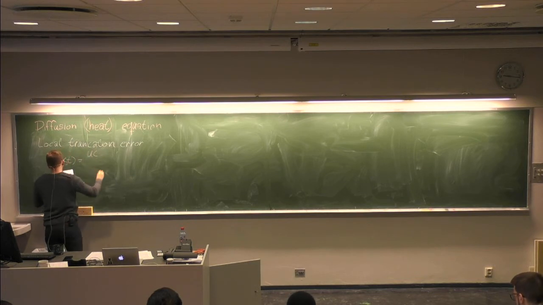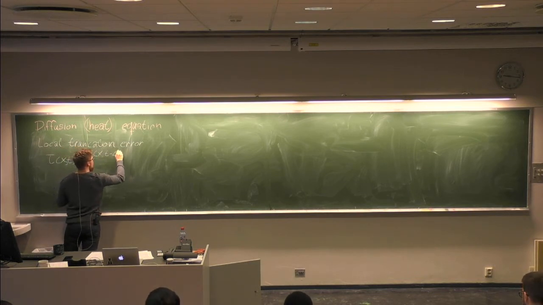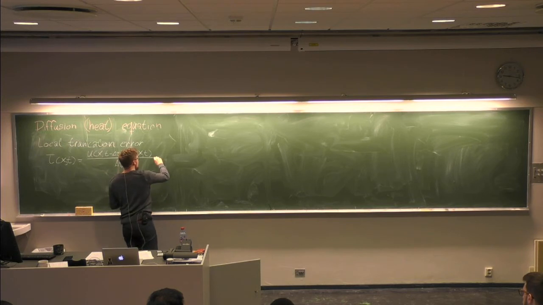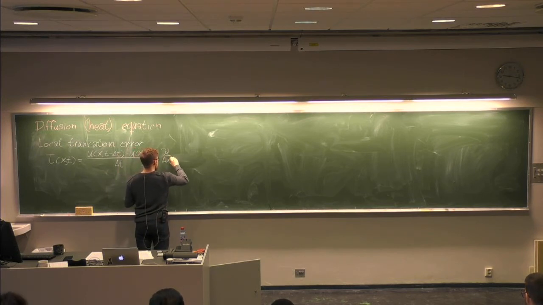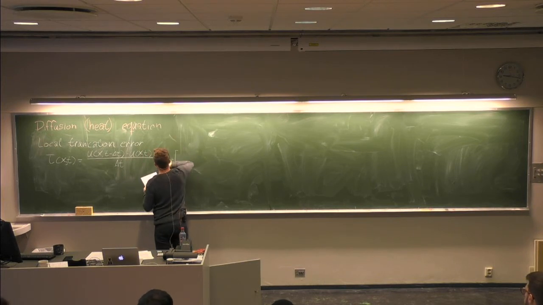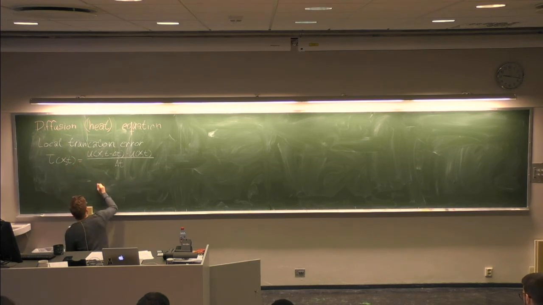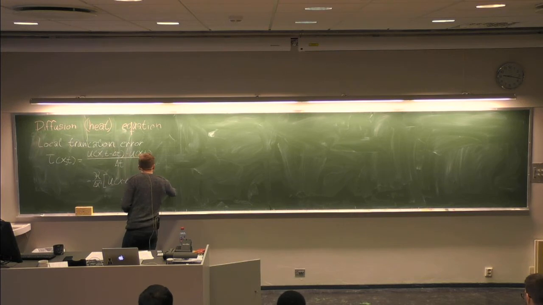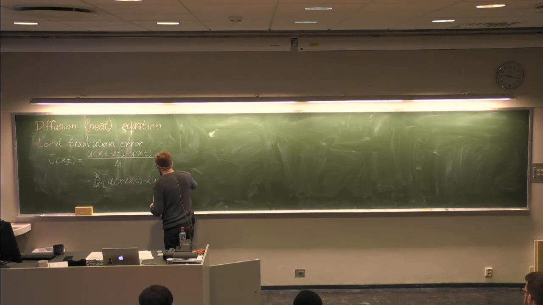This is just the equation: u of x, t plus delta t minus u of x, t, divided by delta t, minus kappa over delta x squared, times u of x minus delta x, t minus 2 u of x, t plus u of x plus delta x, t, like so.